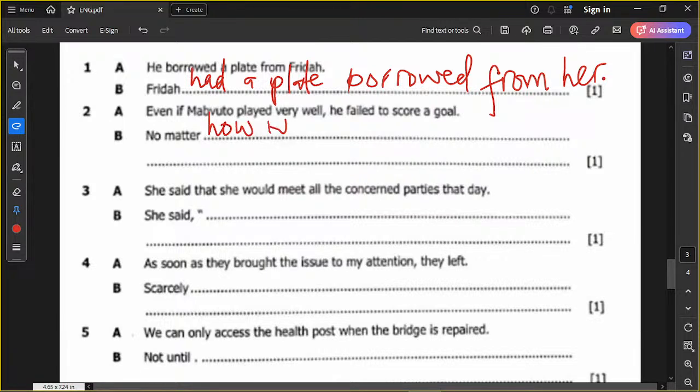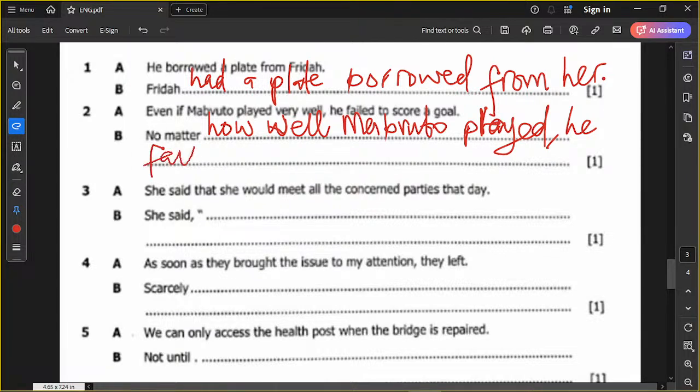So: No matter how well Mavuto played, he failed to score a goal.